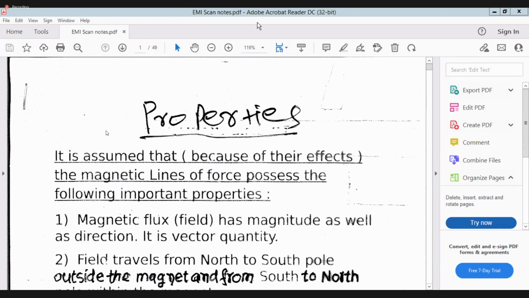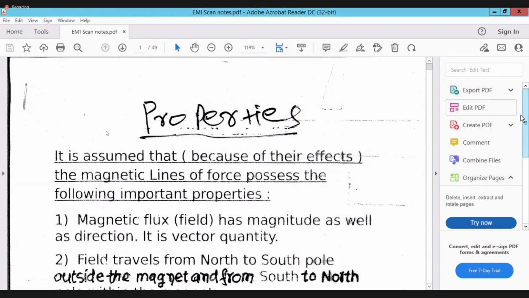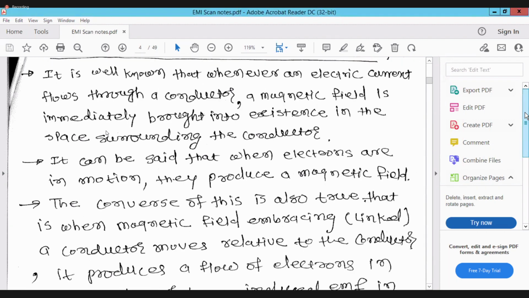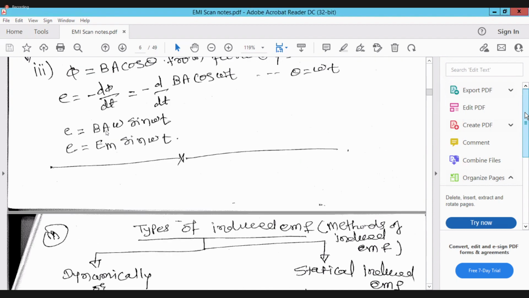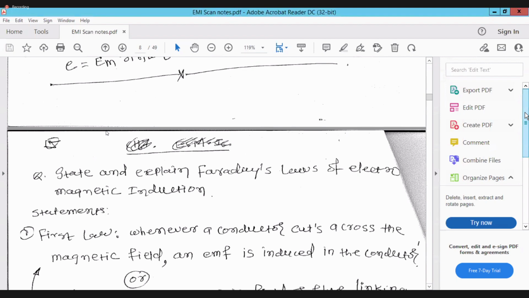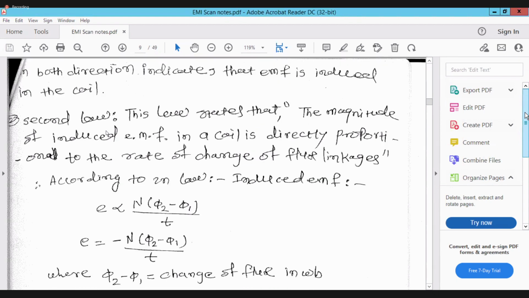So we'll start today's lecture. Now see, all these things we have seen already: state right hand thumb rule, types of induced EMF, methods of induced EMF, then state and explain Faraday's laws of electromagnetic induction, 2 laws, with an explanation and a diagram.